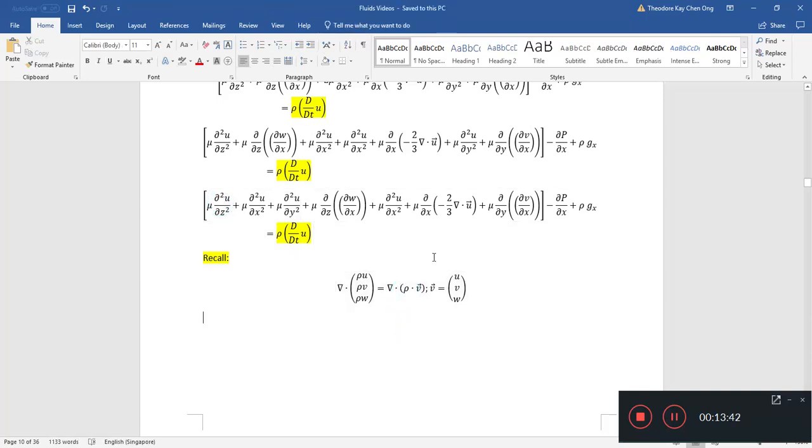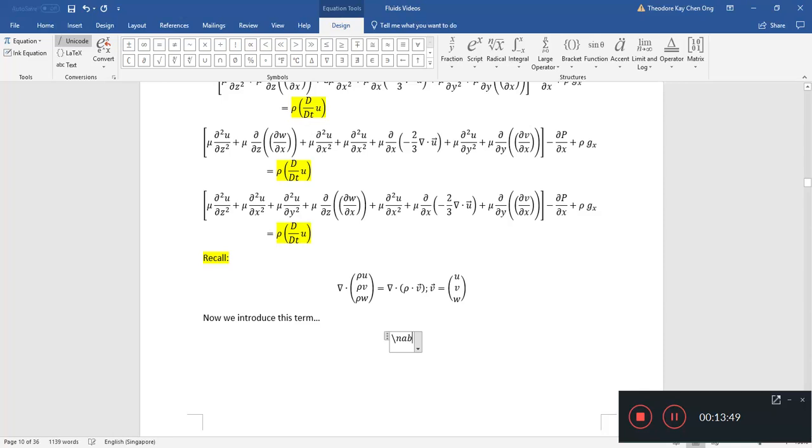So let's write. Now we introduce this term, nabla square, equals the same thing: partial square, so it's a second derivative with respect to x, y, and z.